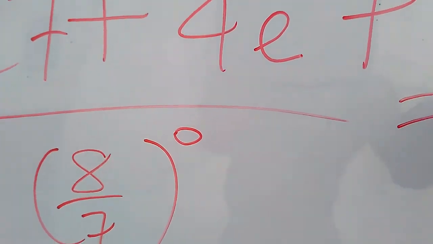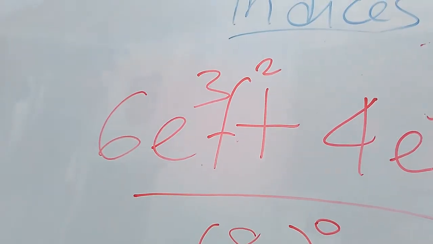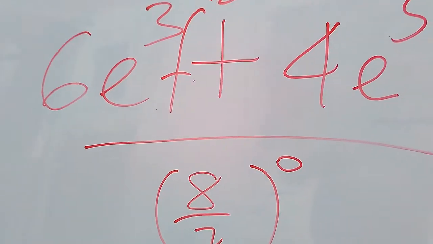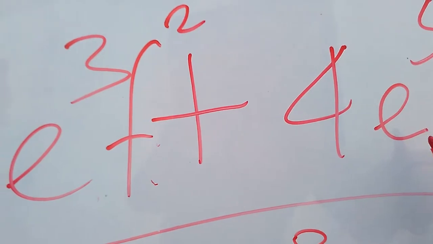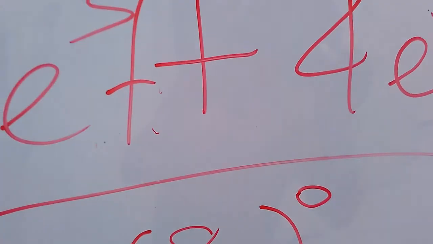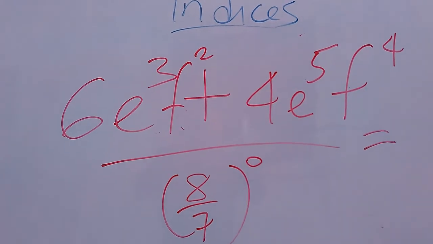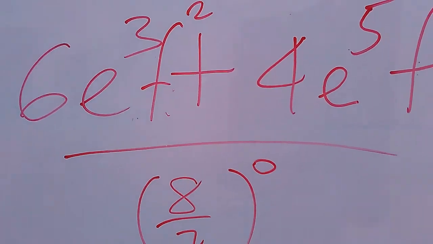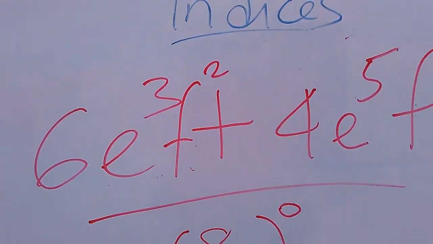So where do we start? Since the variables e and f are identical, we can now apply the law directly. So we'll now say 6 plus 4.